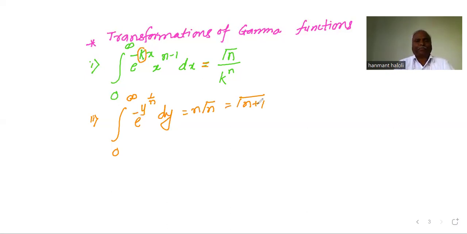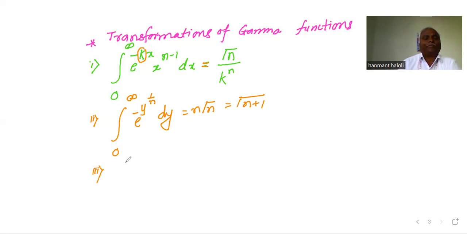Whenever such cases arise in the integrand, I'll give you in the next slide how to reconvert all these integrals into standard integral formulas. Okay, in the next slide we will check.